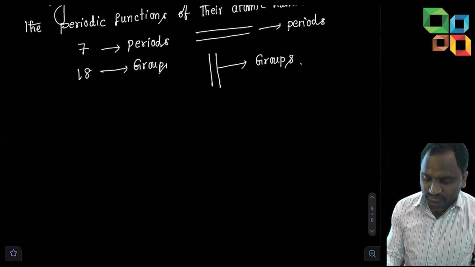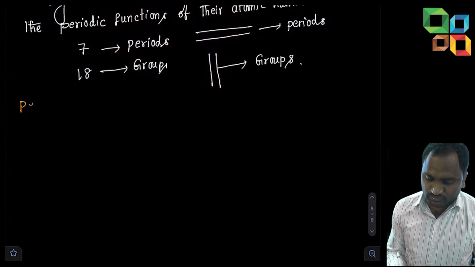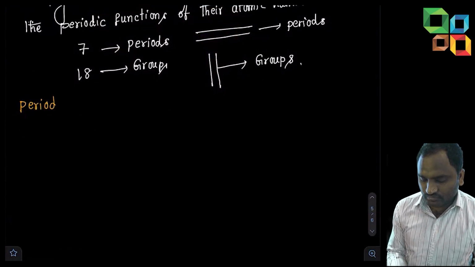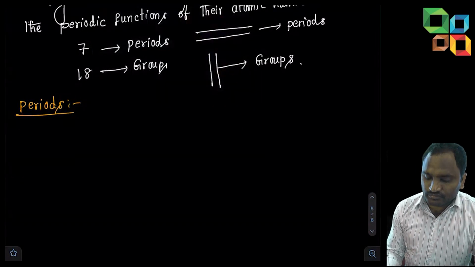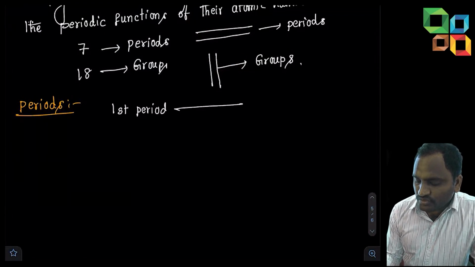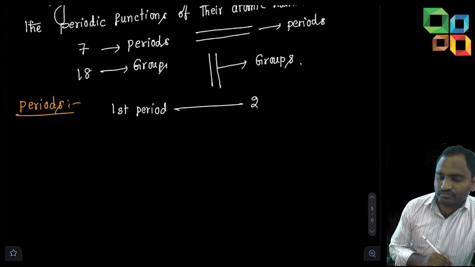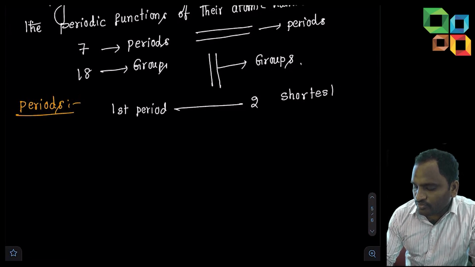First period contains only two elements, hydrogen and helium only. So it is called the shortest period.